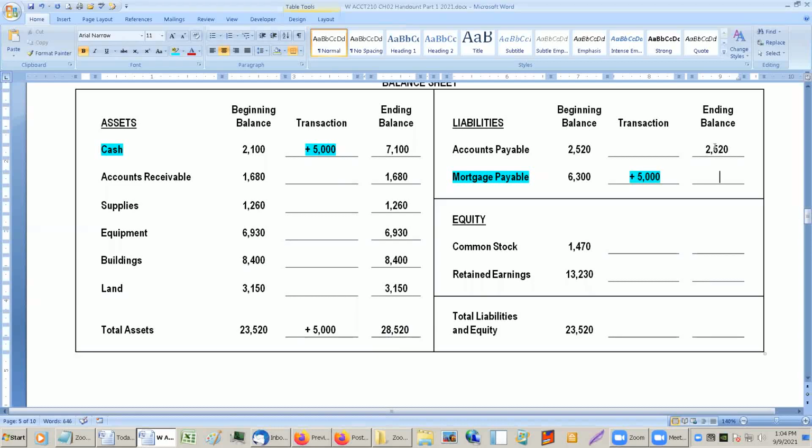And now we owe what, 11,300? All the rest of these are the same. Okay, there's also 5,000 added onto this side. So it'll be 28,520.